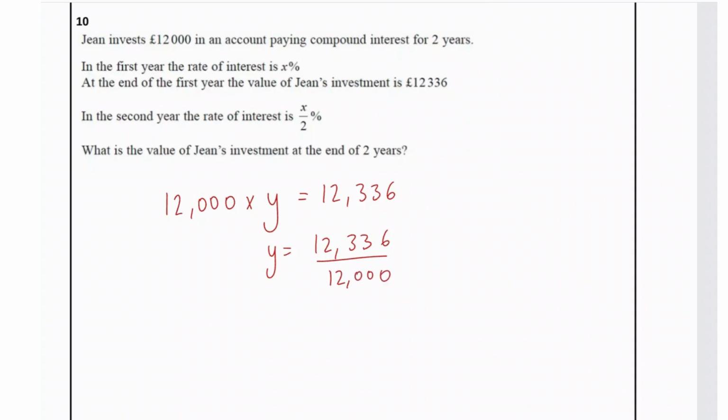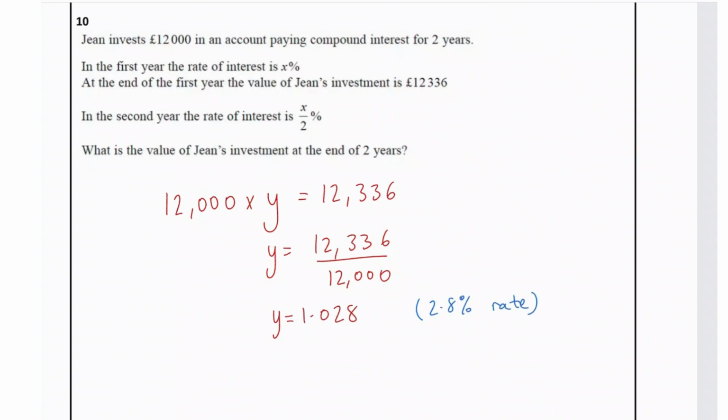And that gives us 1.028. I think. Let's just double check I'm not ahead of myself. Yes, so y equals 1.028. So that is a 2.8% interest rate.